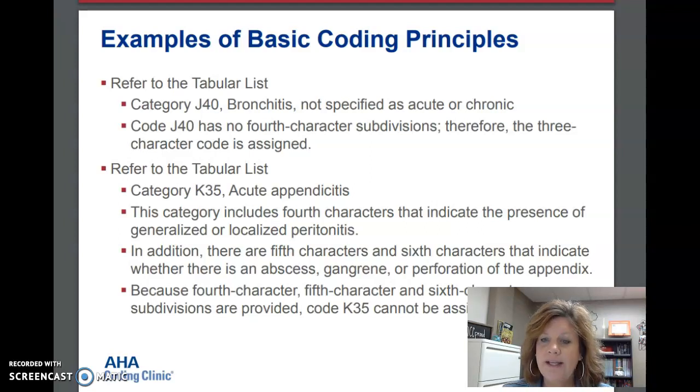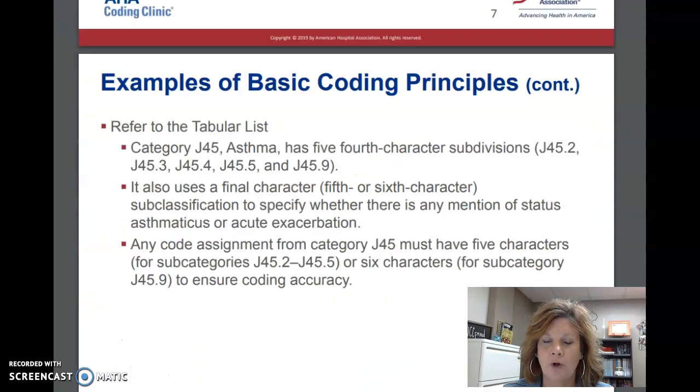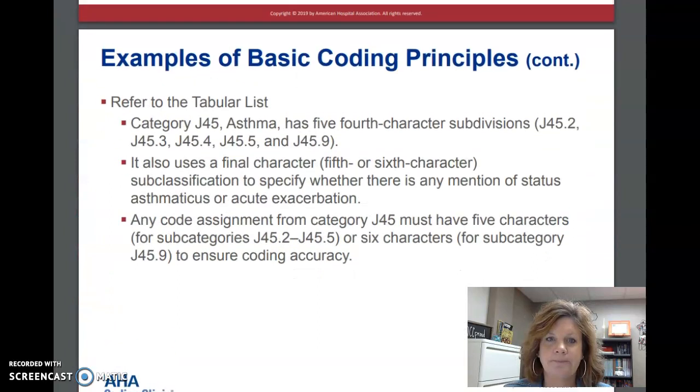So we need more information so we can assign more characters. All right, we have category J45 asthma. This has 4th character subdivisions. It also uses a final character. So when you're in the back of the book in the tabular section, make sure you add those characters.